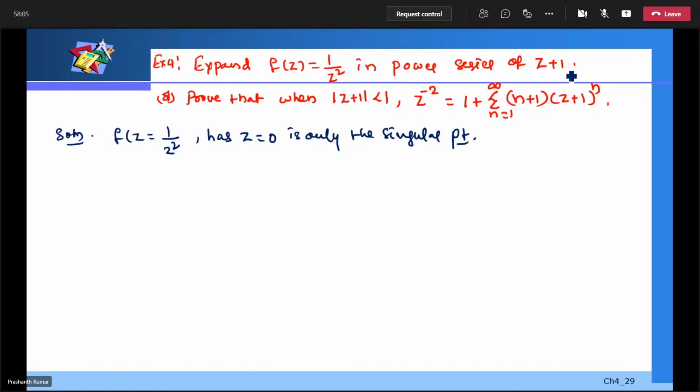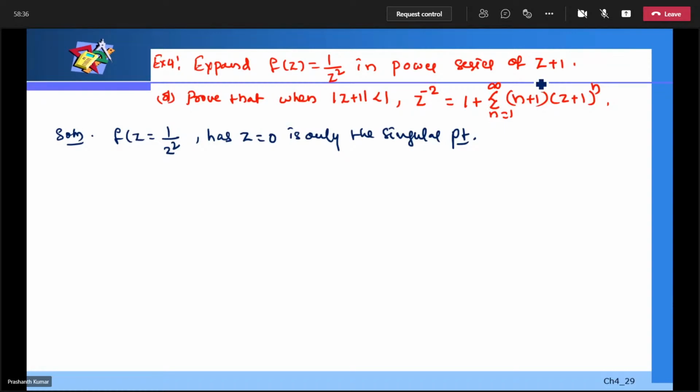If you take z is equal to 1, here the circle with center at 0, 0 and the radius is 1. Okay, here it is given mod z plus 1 less than 1 is given.